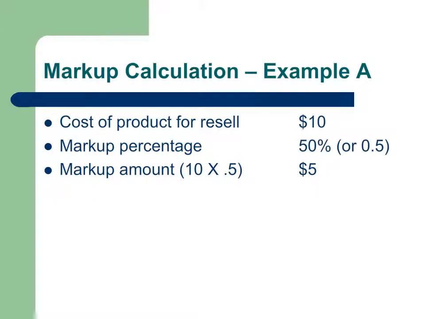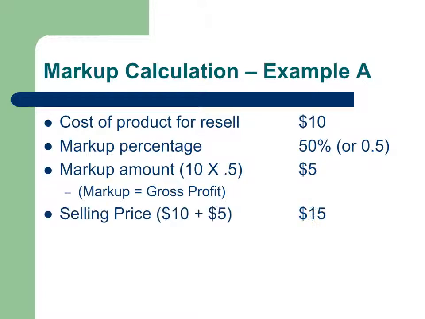If a business owner buys a product at $10 and marks it up 50%, he will take $10, the cost, and multiply it by the markup percentage of 50%, or 0.5, to determine his markup of $5. Incidentally, the markup is the same as gross profit. When he adds the gross profit and the cost, he gets the selling price. He will sell this item for $15.